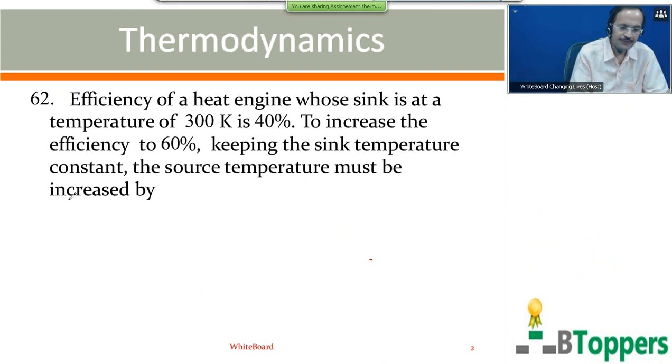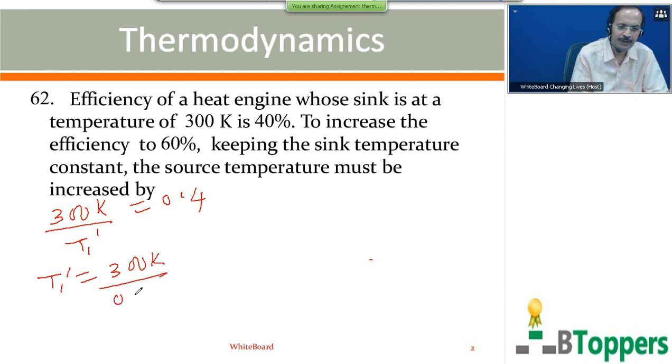So in the second case, you get 300 Kelvin by T1 dash equal to 0.4. So T1 dash, meaning the temperature of the source in the second case, is 300 Kelvin by 0.4, which you can simplify further. So you get T1 dash equal to 750 Kelvin.